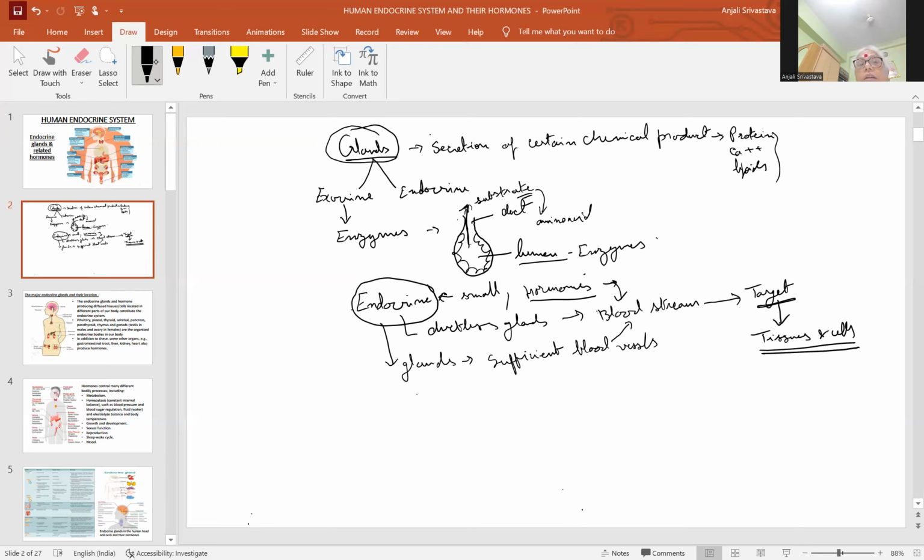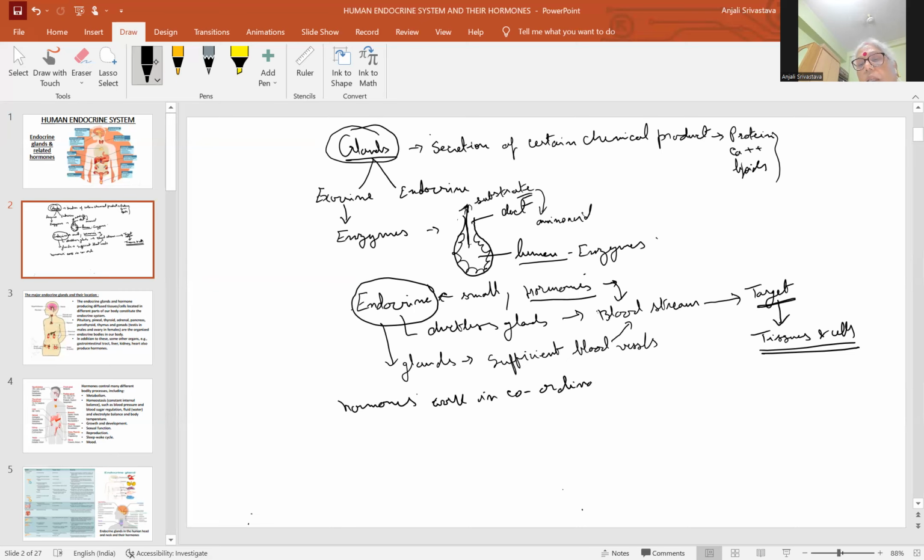Another important thing is that these endocrine hormones, the secretions of the endocrine glands, work in coordination with the neural secretions, the neurosecretions.